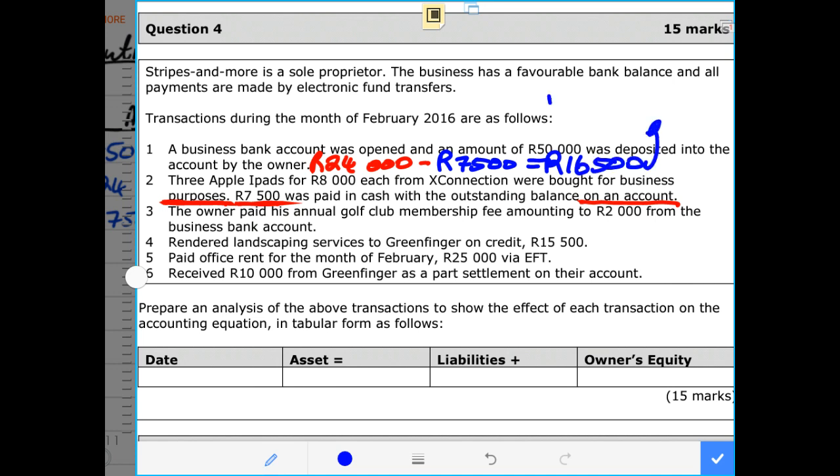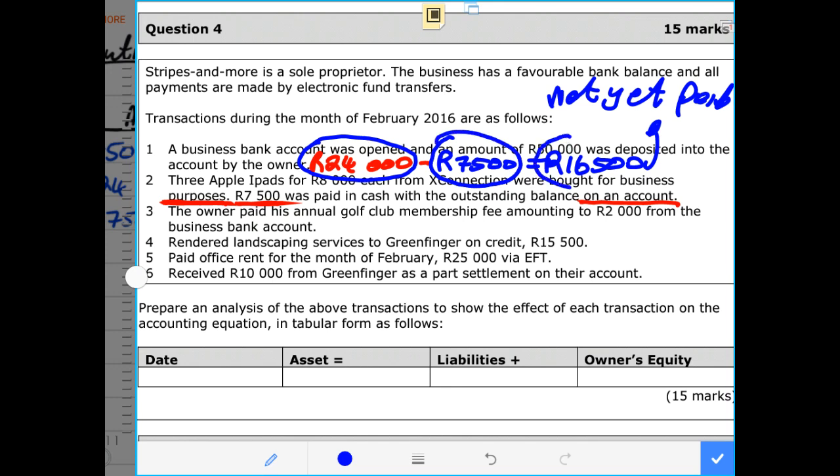Remember, the balance is not yet paid. The 16,500 was not paid because out of the 24,000 rands, which is the value of the 3 iPads, we only paid 7,500.